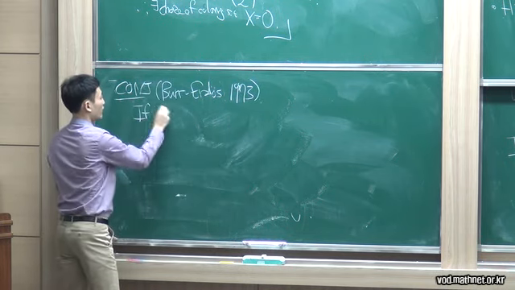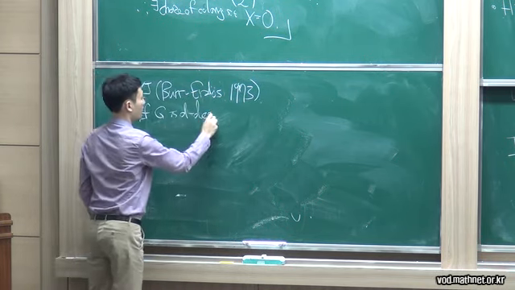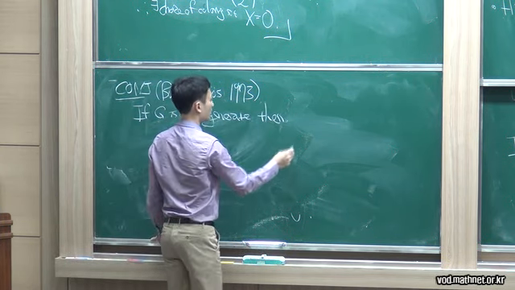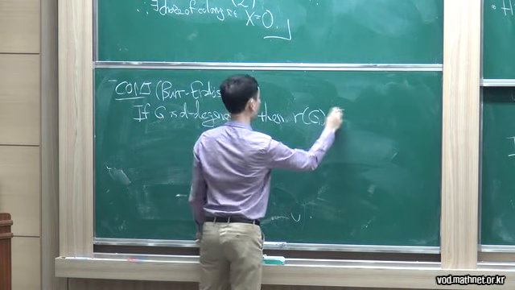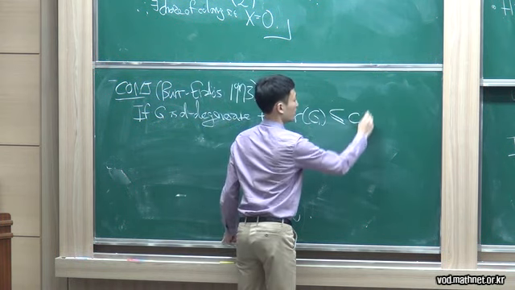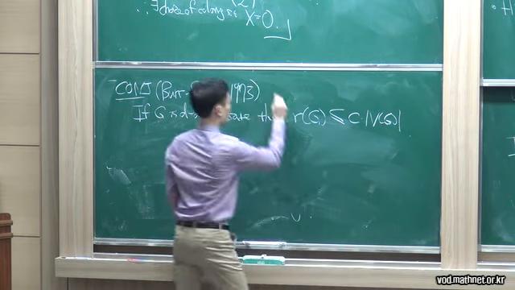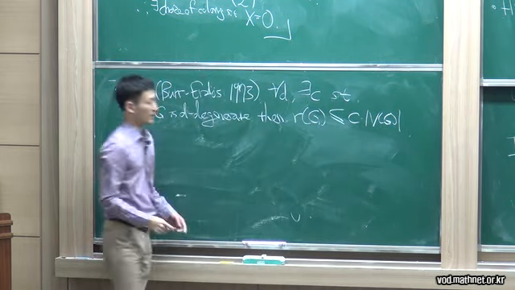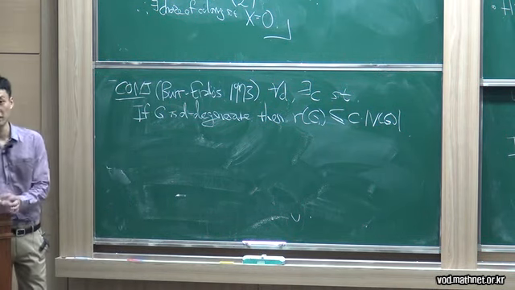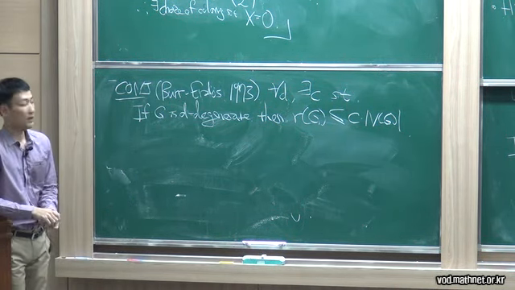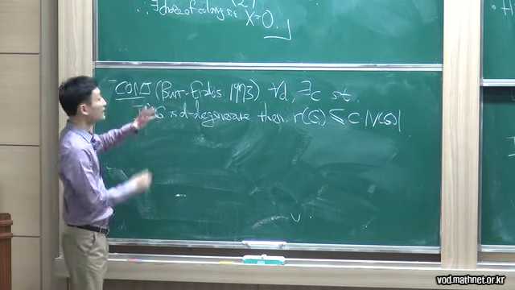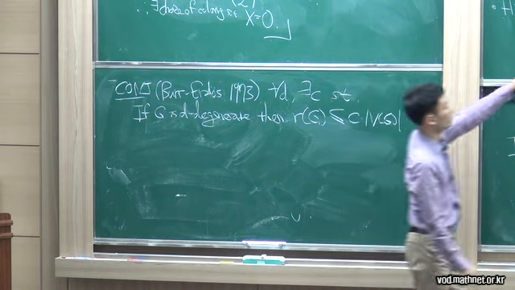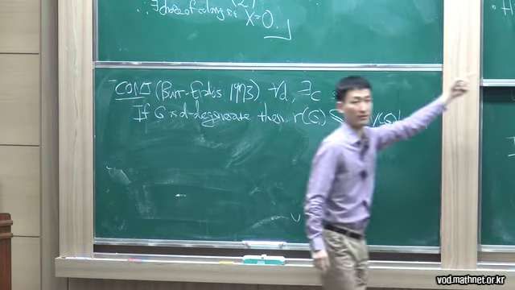It said if a graph is d-degenerate, then the Ramsey number of G is at most some constant times the number of vertices of G. So for all d, there exists a constant C such that the Ramsey number can be controlled as a linear function in terms of the number of vertices. And there's a big difference between this and complete graphs, because for complete graphs you expect more like an exponential behavior in the number of vertices.